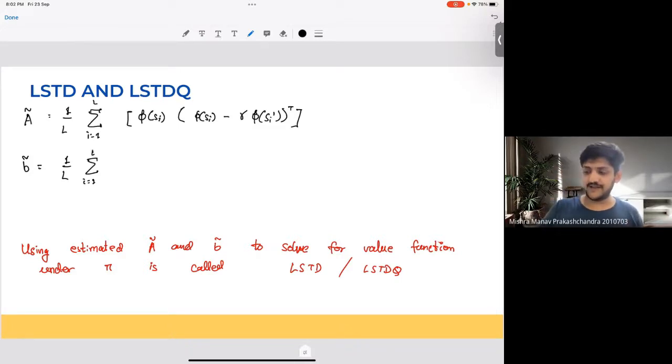If I were to write it down, this looks like the sum of phi of Si times Ri. Okay. So using this estimation for A tilde and B tilde to solve for your value function under a policy pi is known as LSTD. This is least square temporal difference. And if you do it for the Q function, you call it LSTDQ, which is least square TD for Q learning, right?